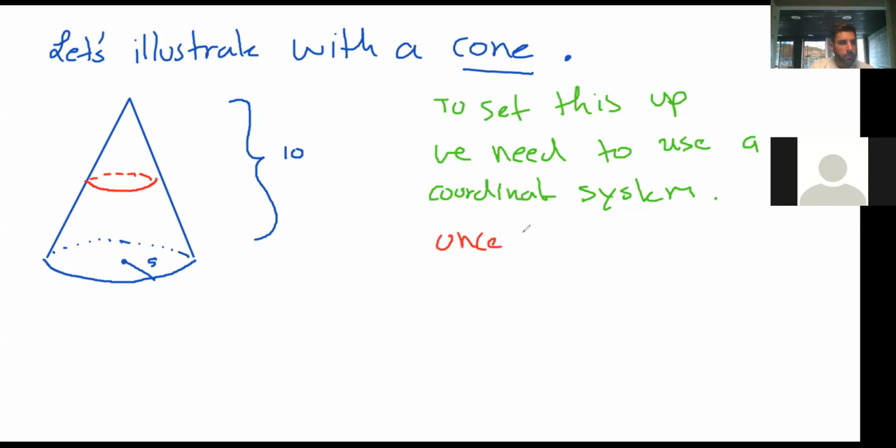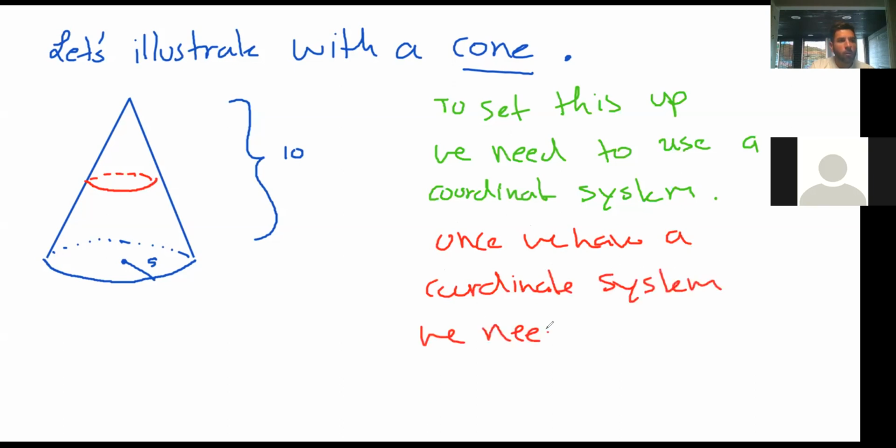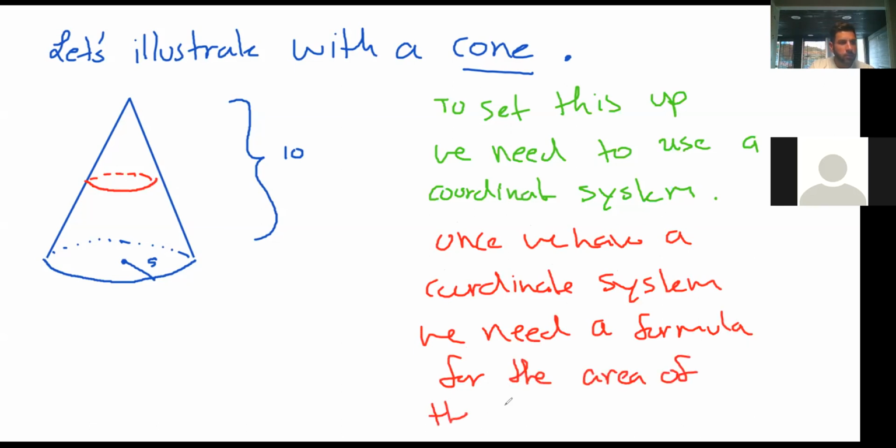Once we have a system, we need a formula for the area of the cross section. Now, we know the area of the circular base is pi times 5 squared, but we don't know the area of any other cross section.